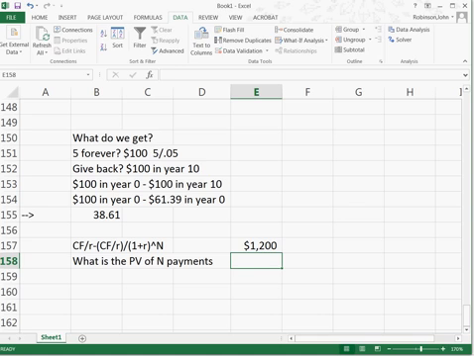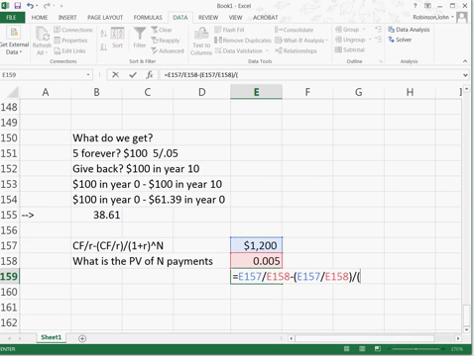So I would say payment divided by rate, minus payment divided by rate, divided by 1 plus rate to the, okay, and how many payments is 30 years? Well, it's 30 times 12. So 3 times 12 is 36, so 360.